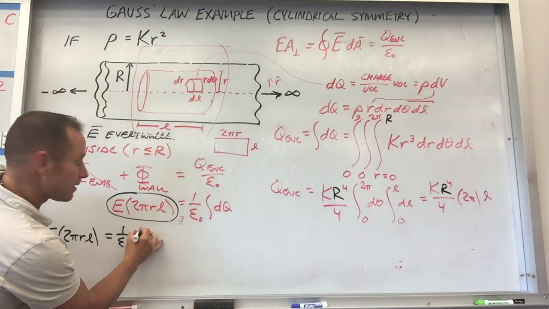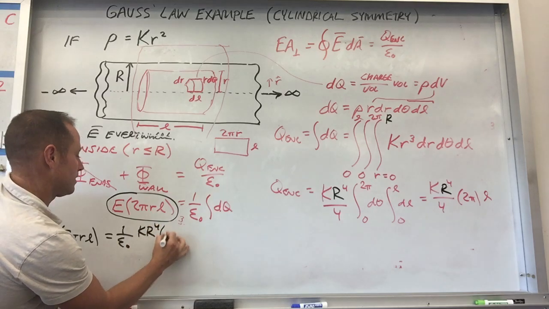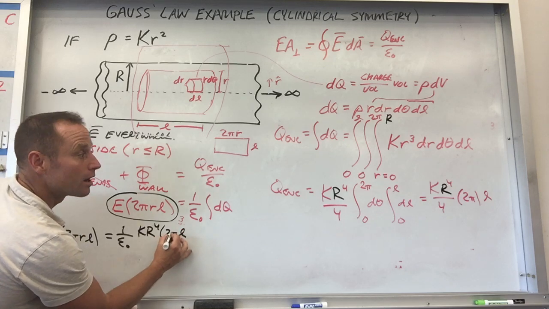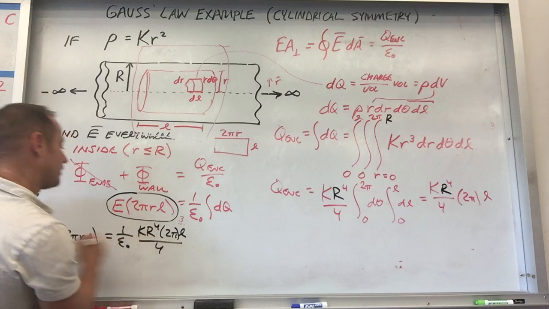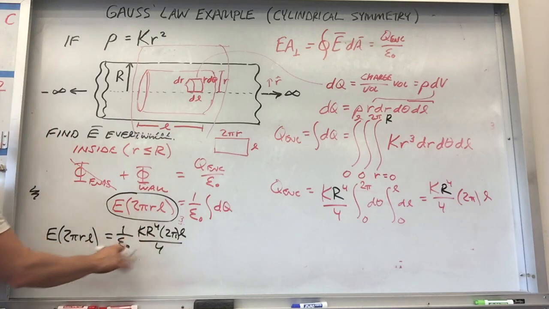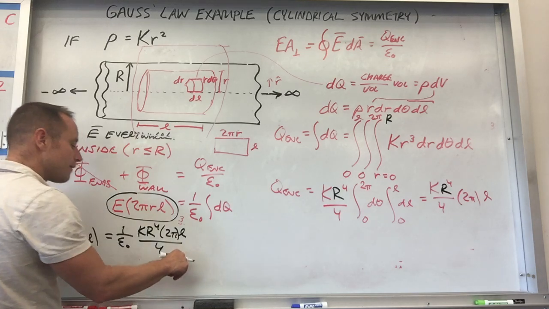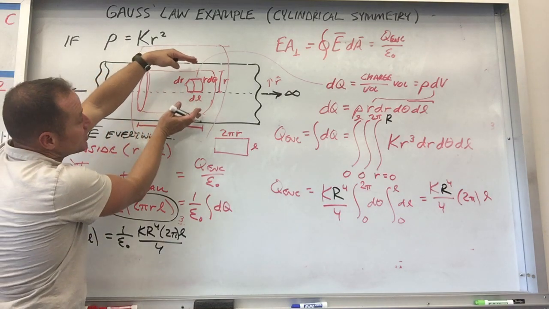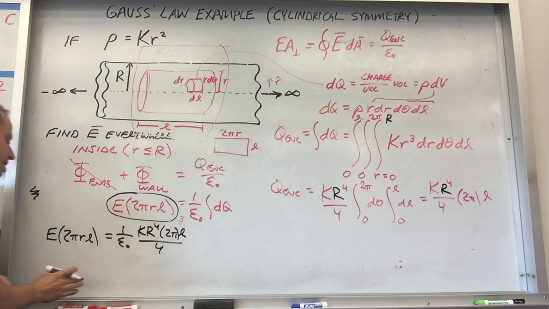So I'll copy that down: K big R to the 4th, 2 pi L over 4. All right, and then we'll divide this under. And what you're going to find is this is the only place that the radial dependence will come in. The field's going to fall off like 1 over R, because as your Gaussian surface moves away, you're not accumulating charge anymore. So it's going to start falling off.